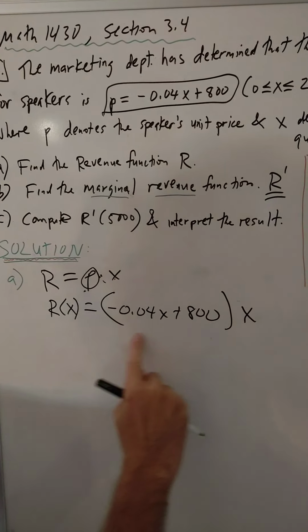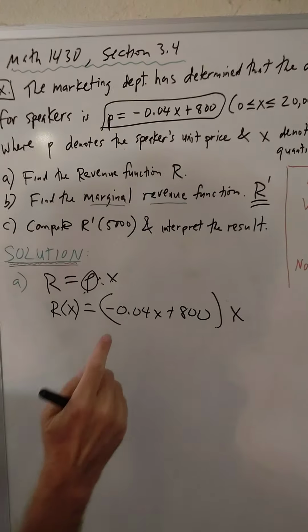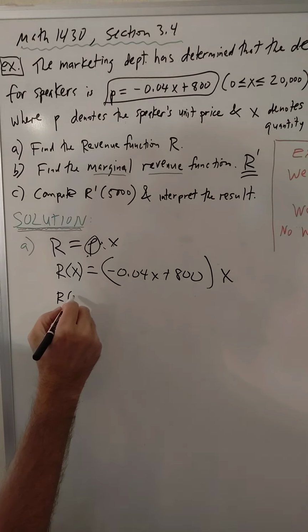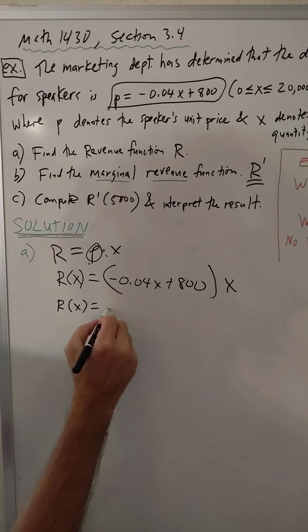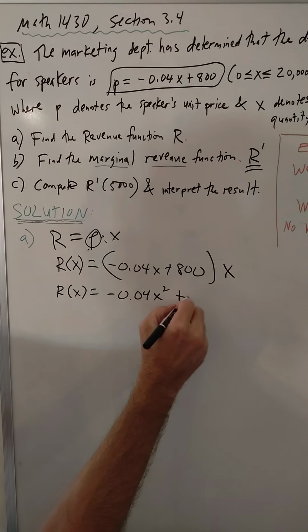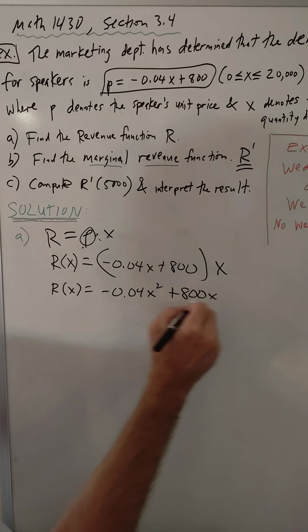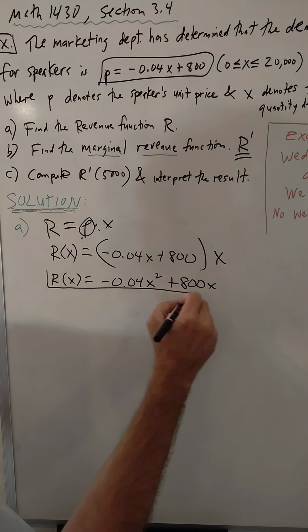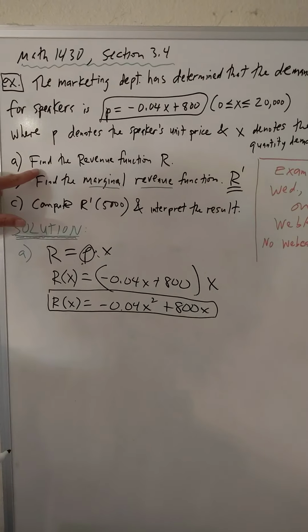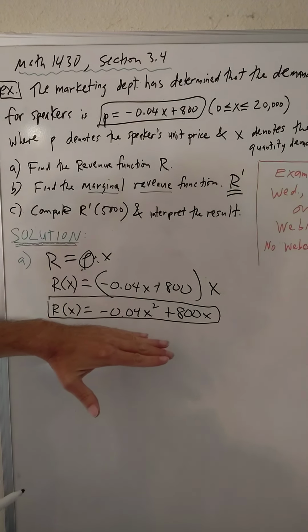You must have parentheses, otherwise it's wrong. Now let's distribute this x to simplify. So negative 0.04x squared plus 800x. This is my answer for part A. We have the revenue as a function of x.